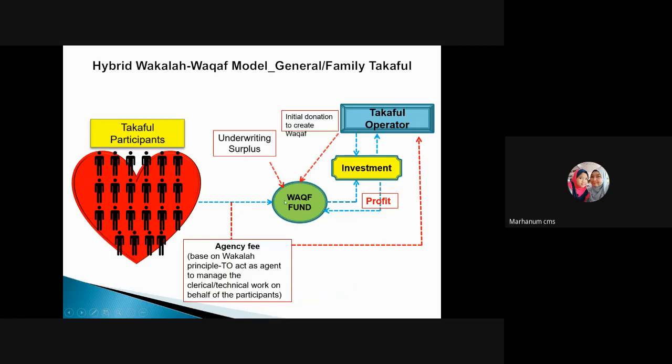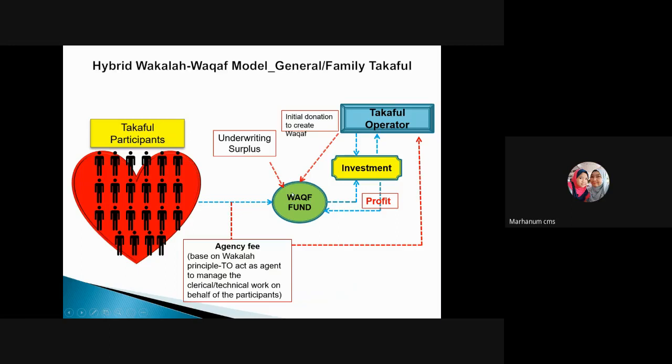And then based on the wakaf principle, when the fund becomes a wakaf fund, the principal fund should be maintained in the accounts. Only the profit generated from this fund can be utilized to help the needy. Let's say takaful participants pay, and at the end of the year the principal payment is, let's say, 100k. So when anything happens to any one of them, this 100k cannot be utilized.